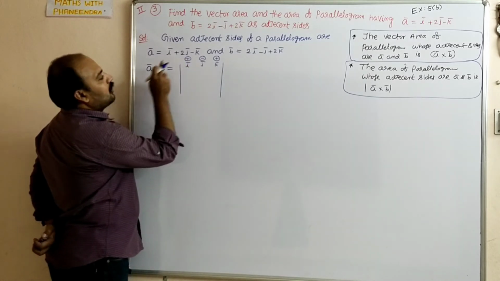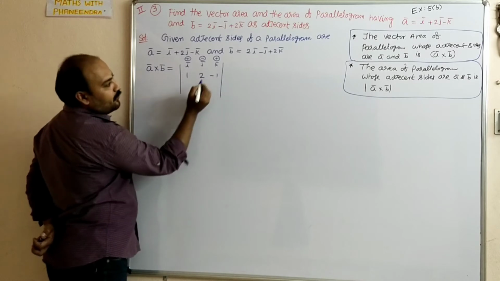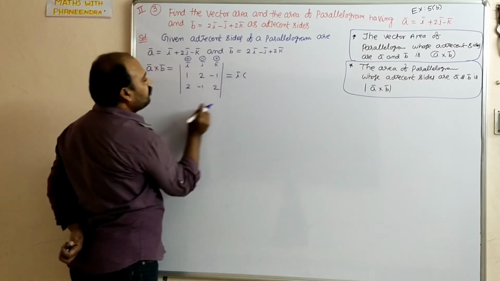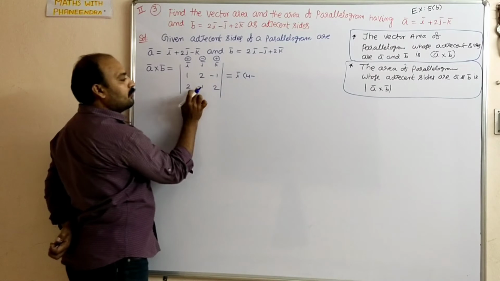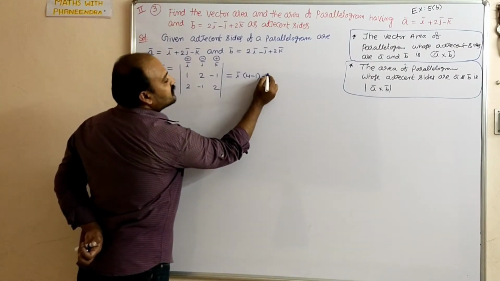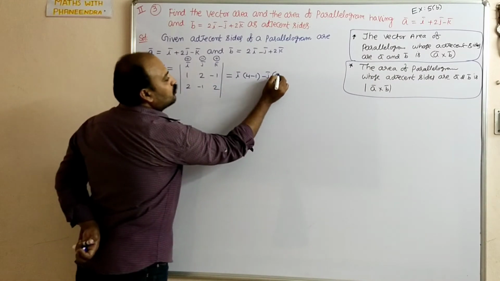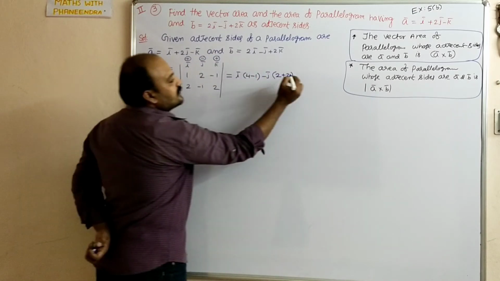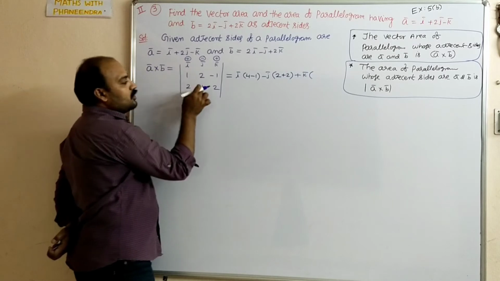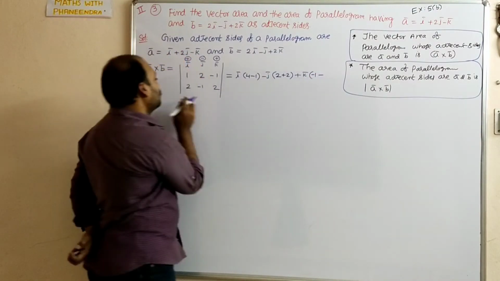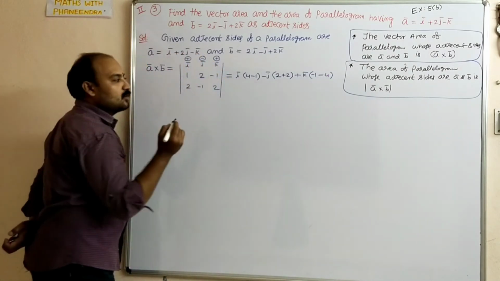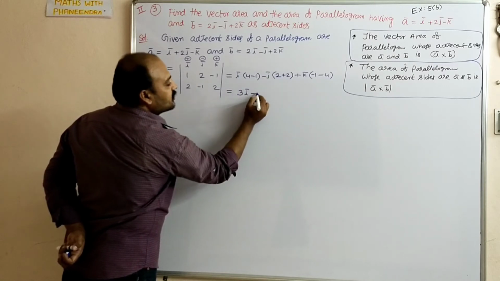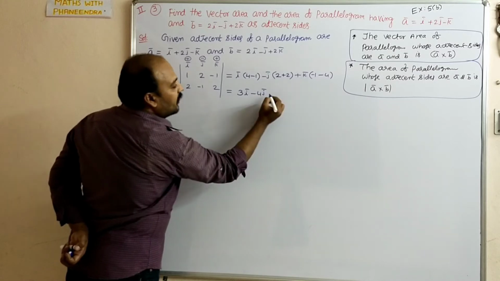First, a bar components 1, 2, minus 1, b bar components 2, minus 1, 2, which is equal to i bar into (2 twos are 4 minus 1 into minus 1, plus 1) minus j bar into (1 into 2, 2 minus 2 into minus 1, minus of minus 2 plus 2) plus k bar into (1 into minus 1 minus 1 minus 2 into 2, 4), which is equal to 4 minus 1 is 3, 3i, minus 4j, minus 5k.